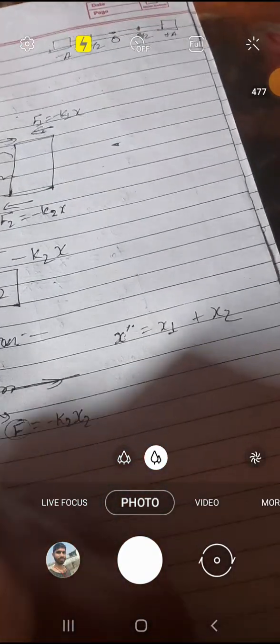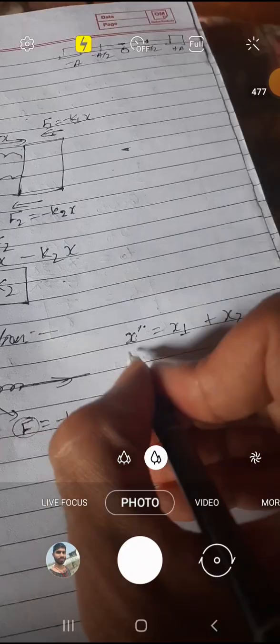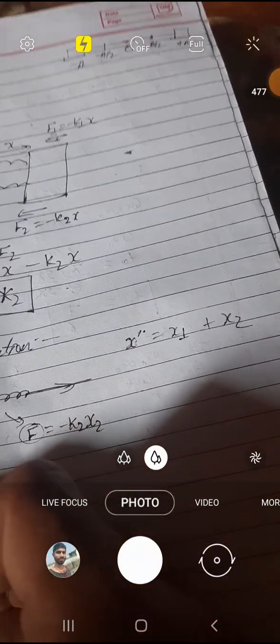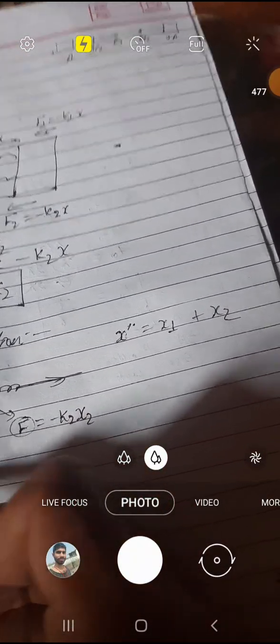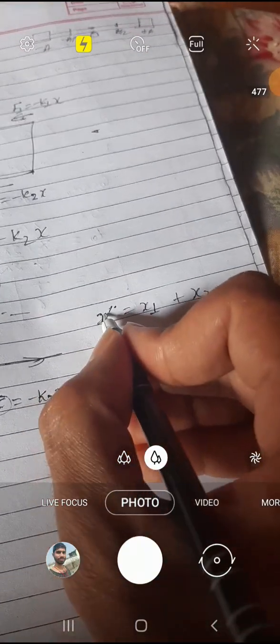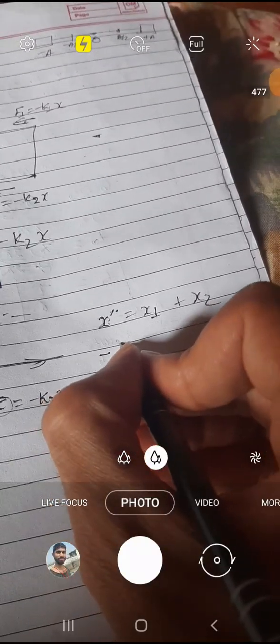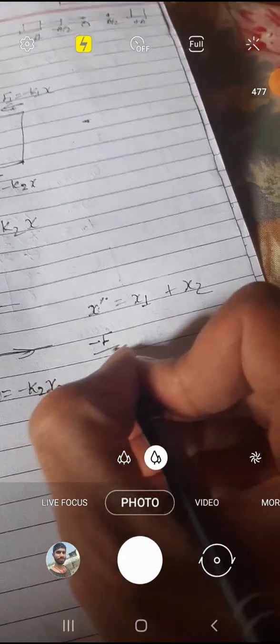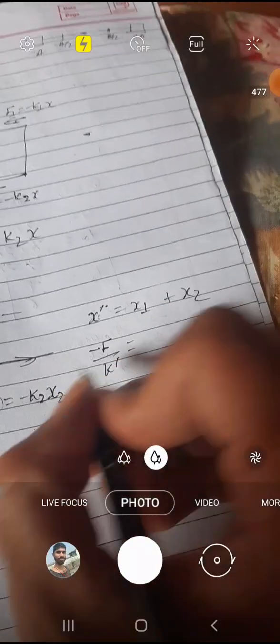The force is the same, and on the entire equivalent system the force is also the same. Let's suppose F equals minus k dash x dash. So x dash comes out to be minus F upon k dash.